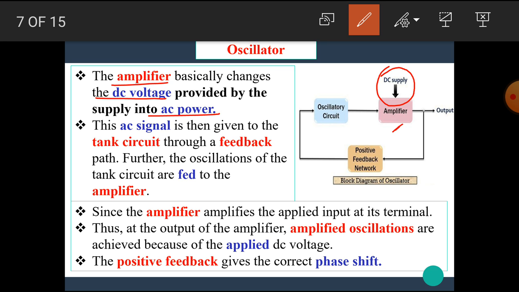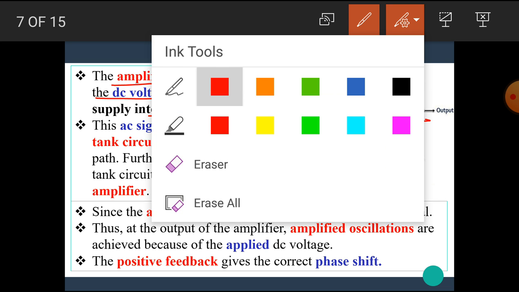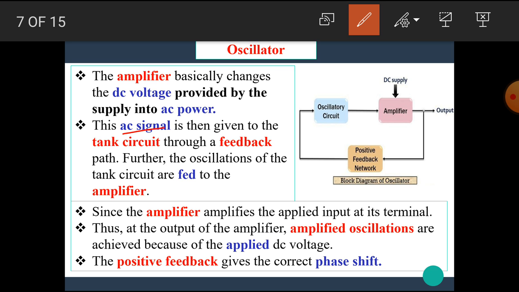Hence this amplifier converts this DC voltage into a specific AC power. This AC signal is given to the tank circuit through a feedback path. That means the AC signal produced by the amplifier is given to the feedback network, and through this feedback network, after fractioning, it is given to the oscillatory circuit.